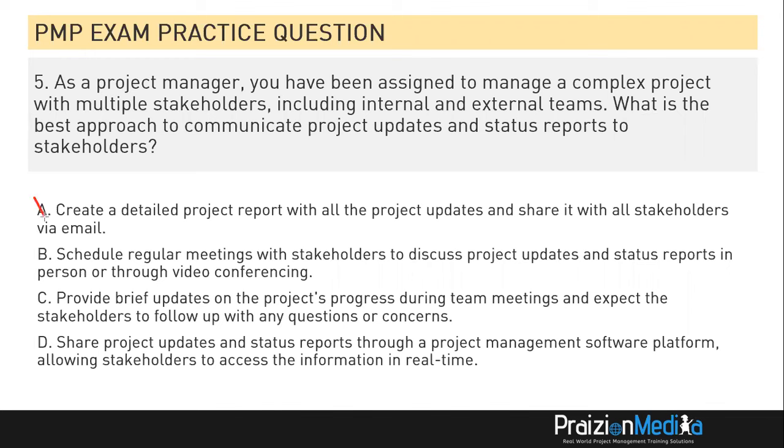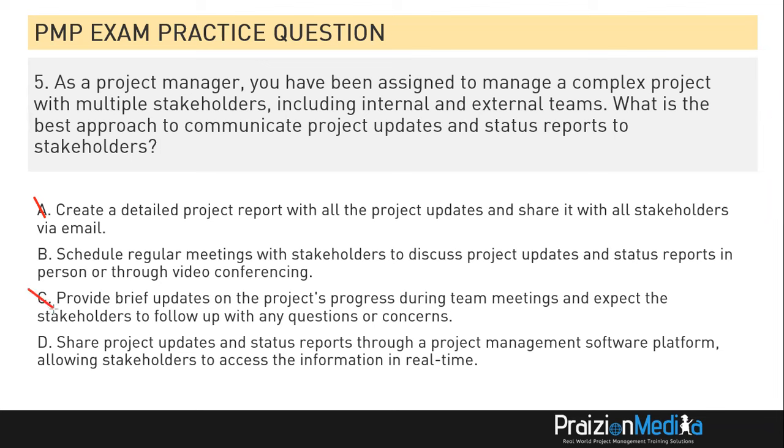B, schedule regular meetings with stakeholders to discuss project updates and status reports in person. In person is always preferred, or through video conferencing. Let's hold on to B. Let's look at C. Provide brief updates on the project's progress during team meetings and expect the stakeholders to follow up. No, that never happens. And when it does, it's few and far between.